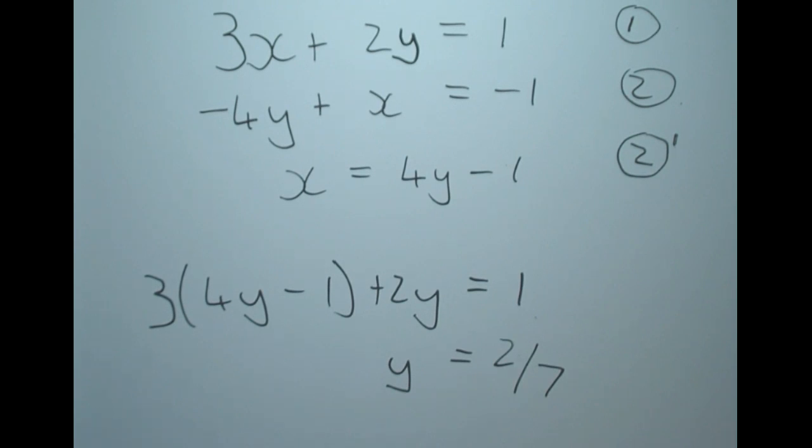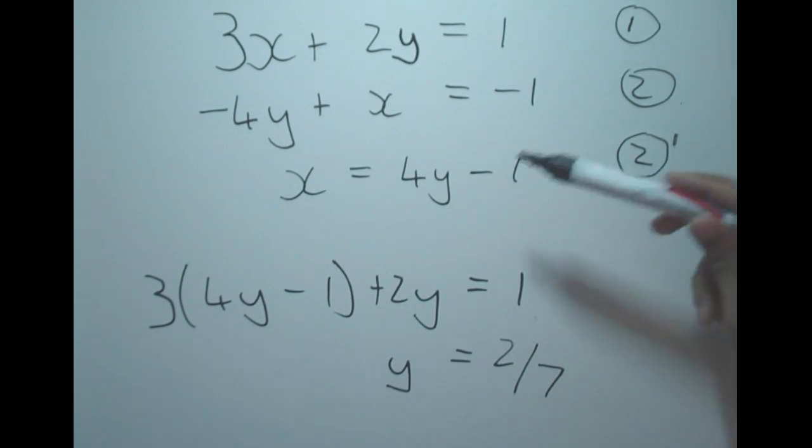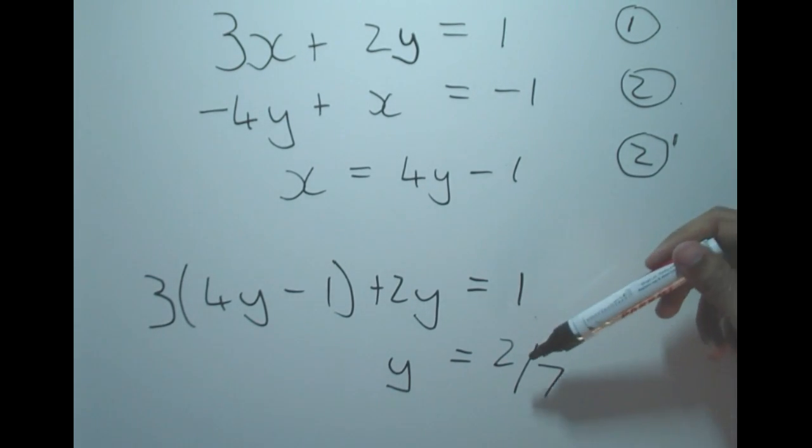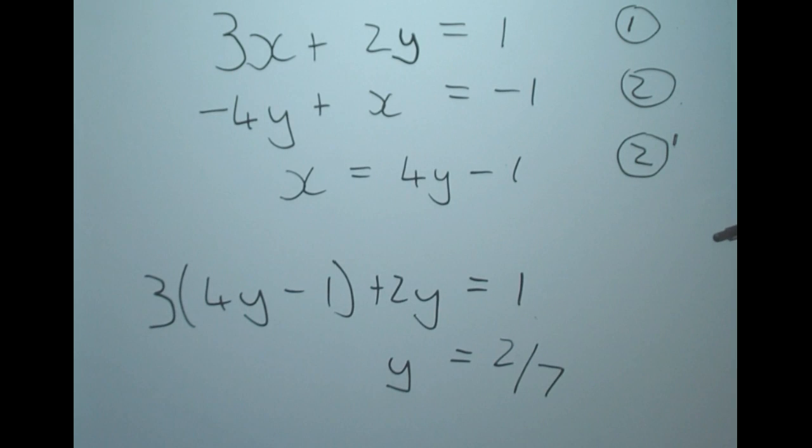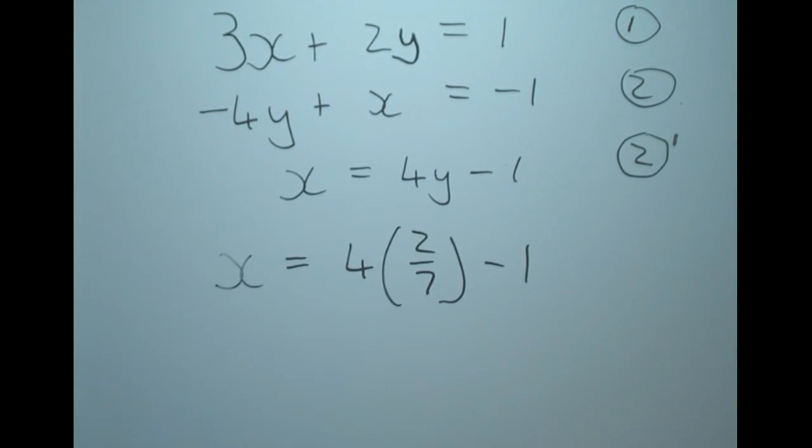Now that I have y, I need to take y and put it into any of the equations I was working with to find x. So I'm going to use the simplest equation, which is my new version of equation 2. And I'm going to take y is equal to 2 over 7 and put it into here. So where I see a y, I'm going to replace y with 2 over 7. And that will give me x is equal to 4 times 2 over 7 minus 1. See, all I've done is replace that y with 2 over 7.